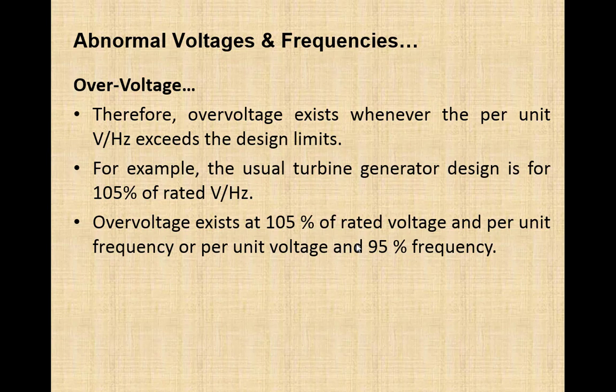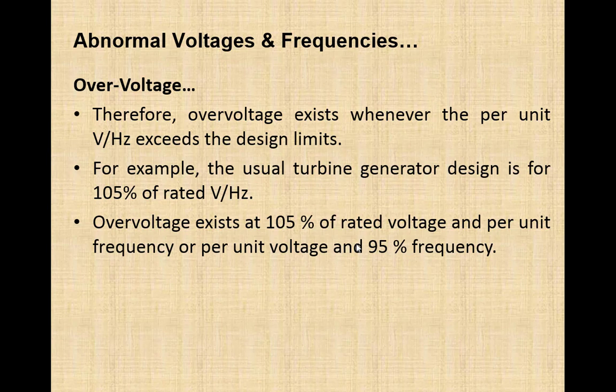So now, how do we provide protection against overexcitation or overvoltage condition? Instead of just monitoring the voltage, the relay will monitor this ratio of voltage to frequency, also known as V over F protection or voltage per hertz protection.